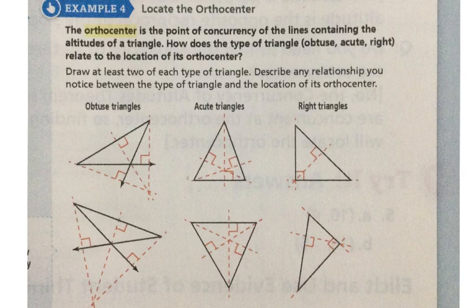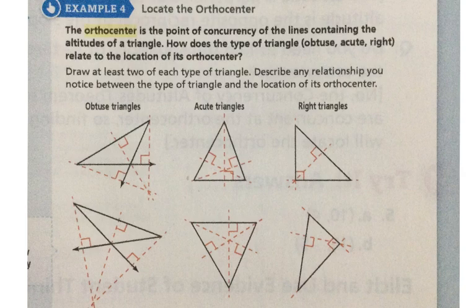Whenever I have an acute triangle, that means all the angles are less than 90, then the point where the altitudes meet is always inside the triangle. And if I have a 90-degree angle or a right triangle, then the orthocenter is always on that right angle. It happens on the triangle.